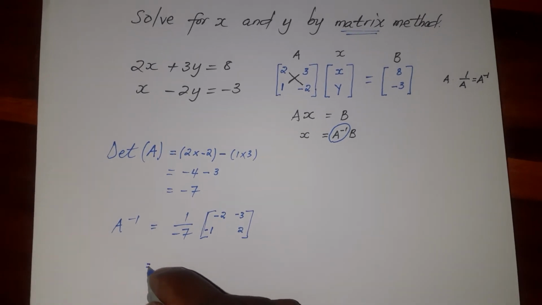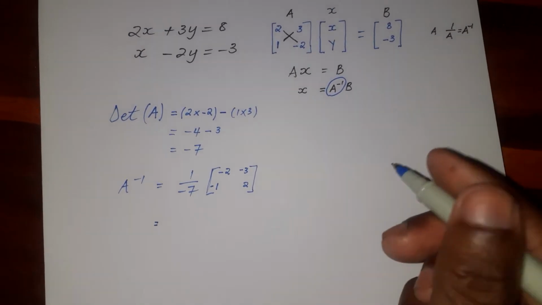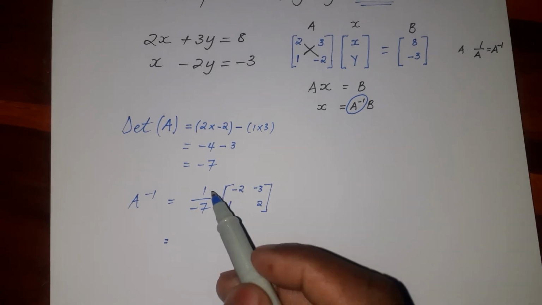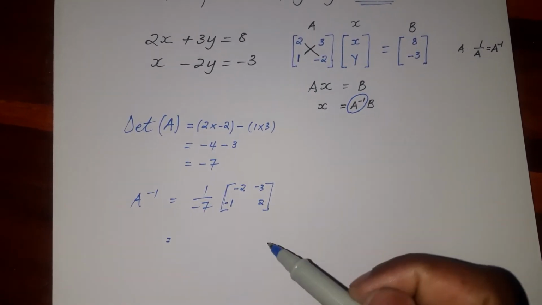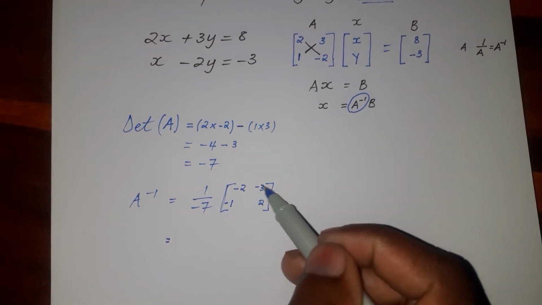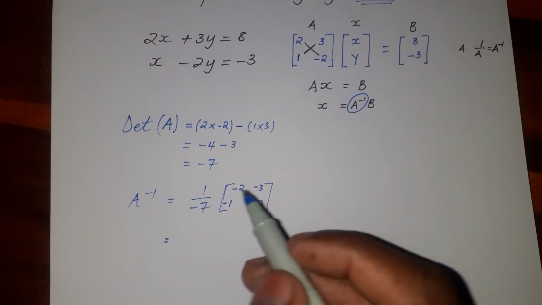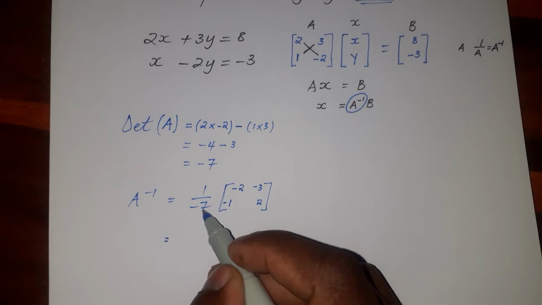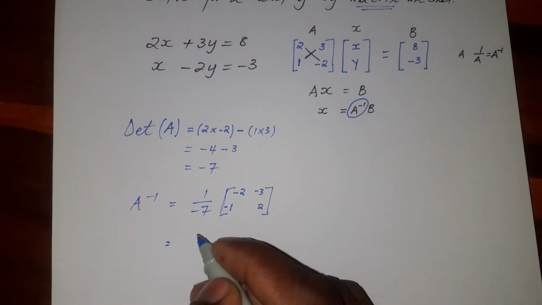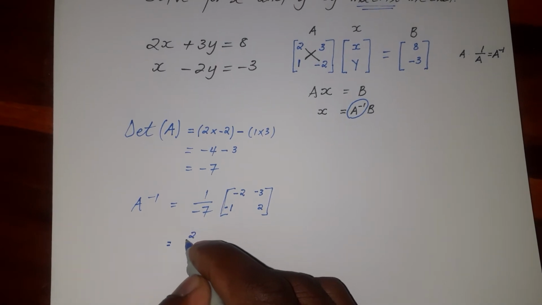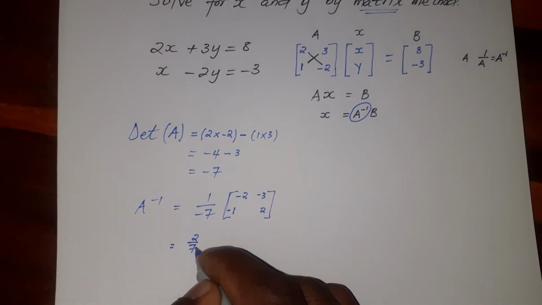And then after that, what we now need to do, we multiply this 1 over negative 7 by each and every number within the square brackets. 1 over negative 7 by negative 2. The negative and negative cancels, therefore we only have 2 over 7.